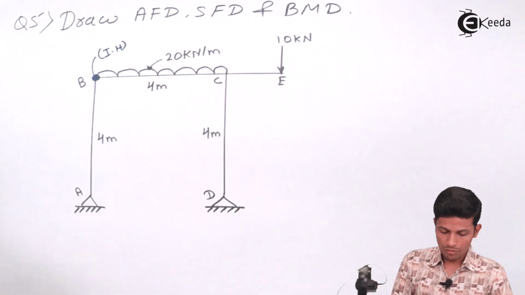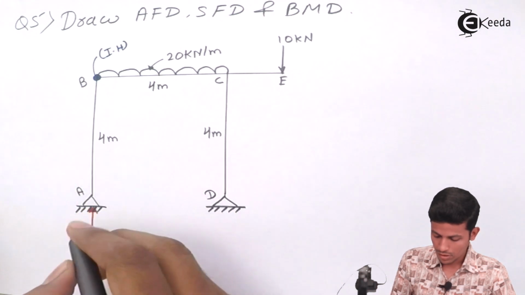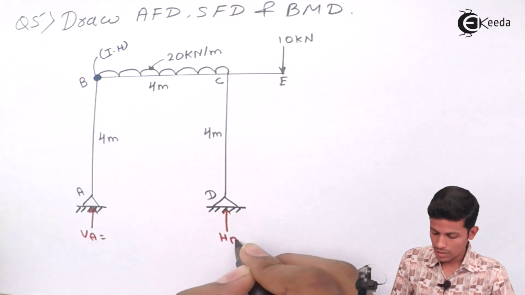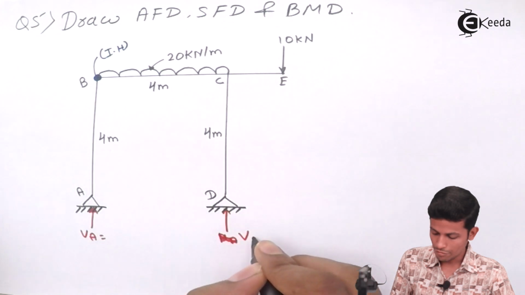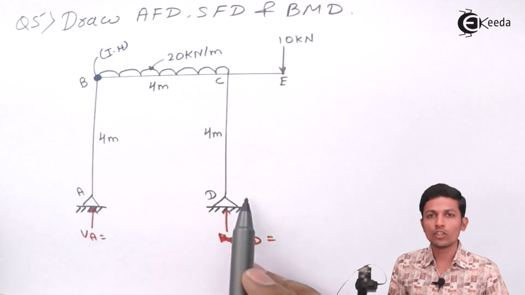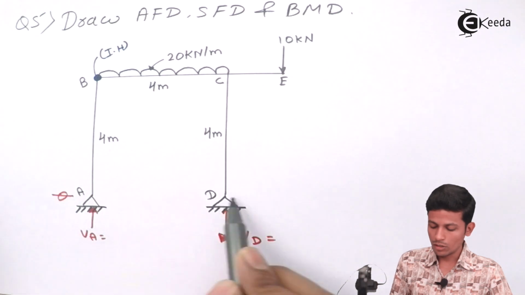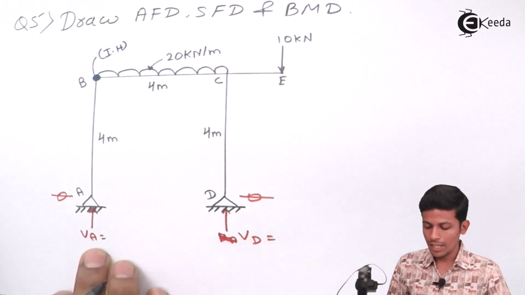See, now what we have to do, we have to find this one. This is VA and this is HA. Sorry, this is VD. Okay, since there is no horizontal force in the given frame, that's why this will come 0 and this will also come 0 without solving. Okay, now we have to find VA and VD.